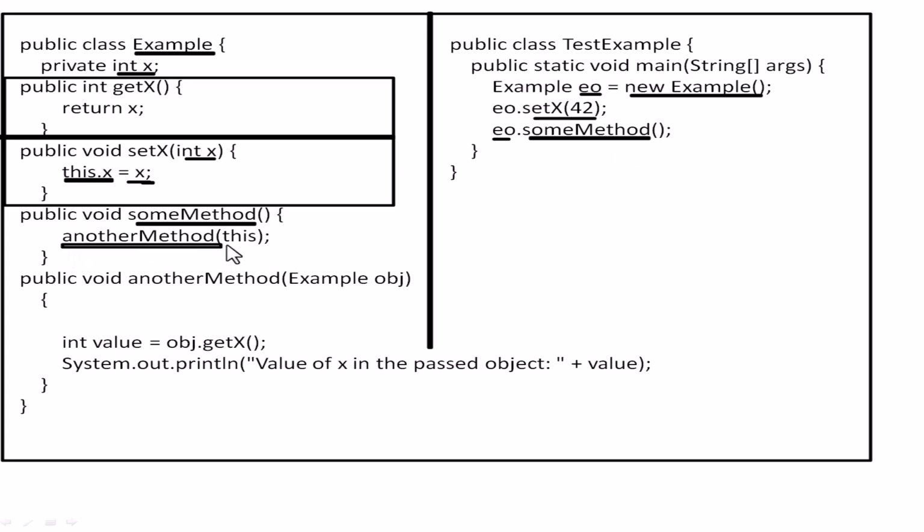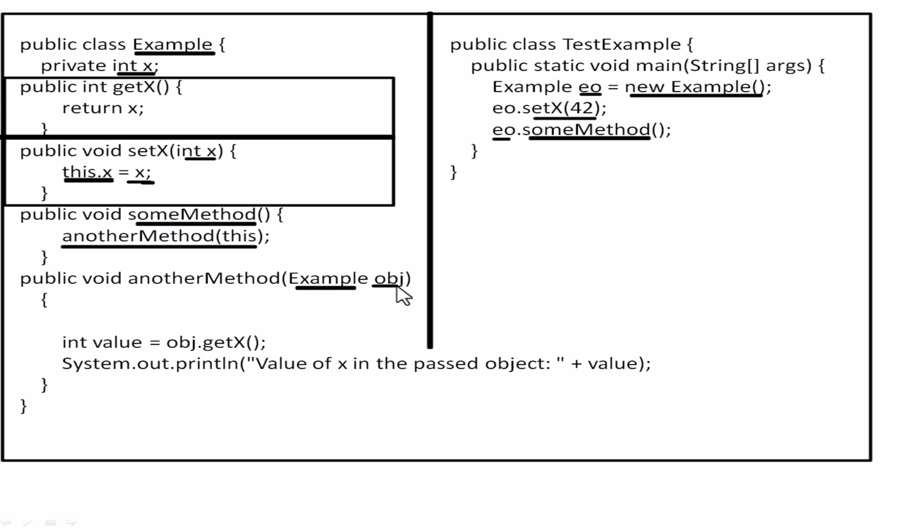That method's name is anotherMethod. It takes a parameter called this. This refers to the current object. Now it is going to pass that particular object. Here this is passed to anotherMethod, the example object.